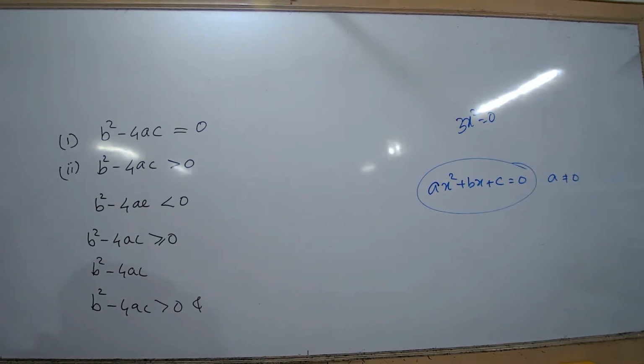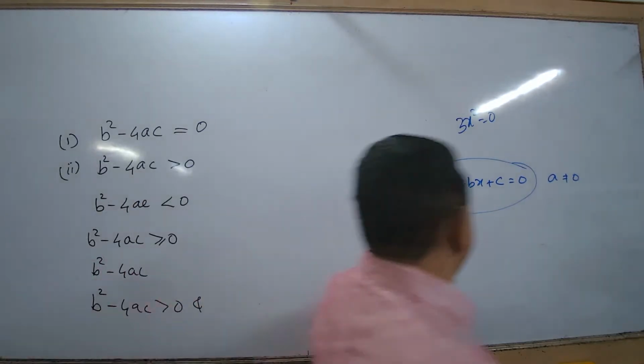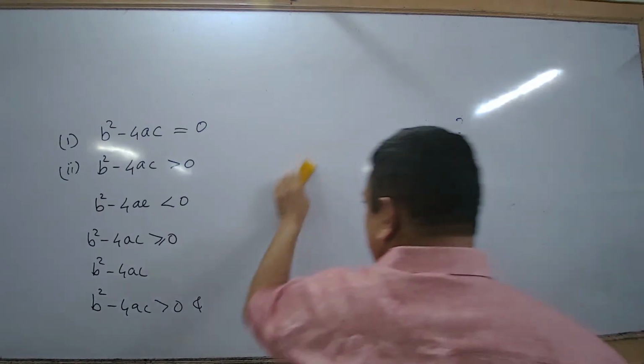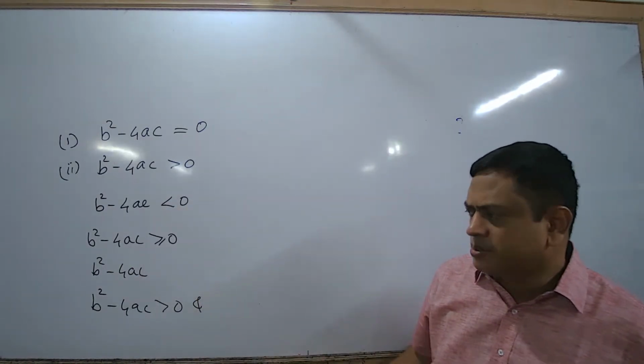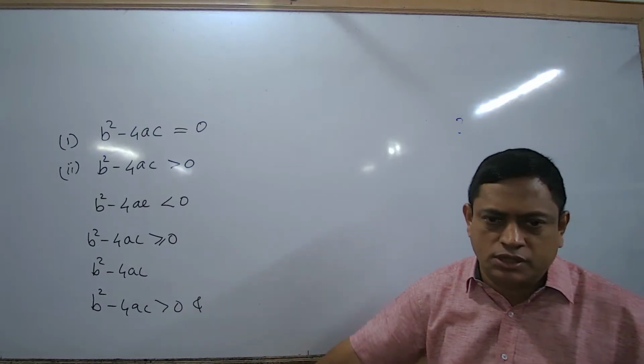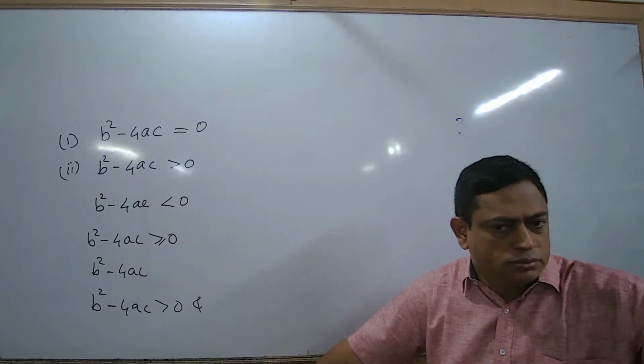This all once again you will come to know when we use the formula. There will be properties that will come. Basically cases 1, 2, 3, 4 are the common part. The last two cases are the special cases. Learned all?